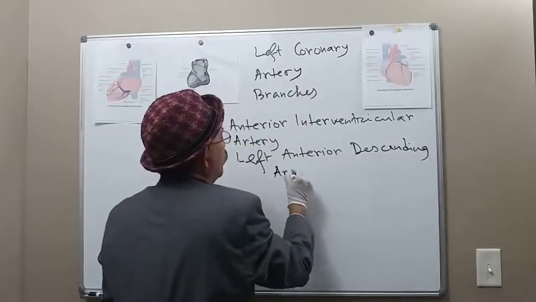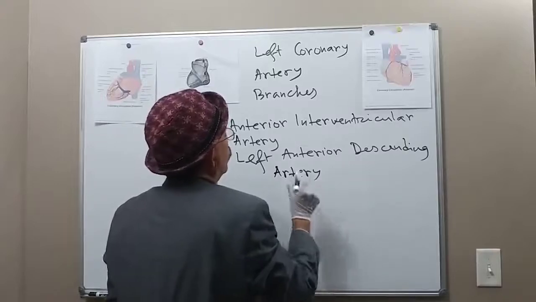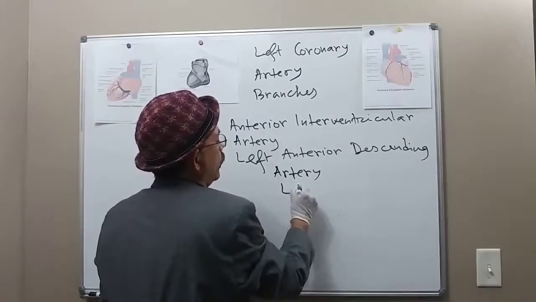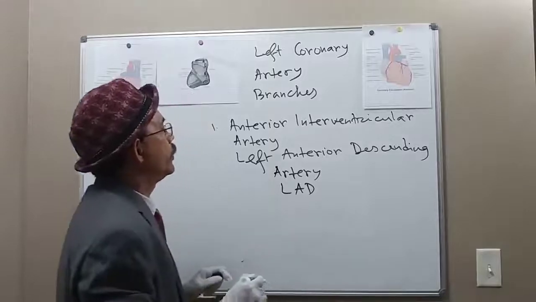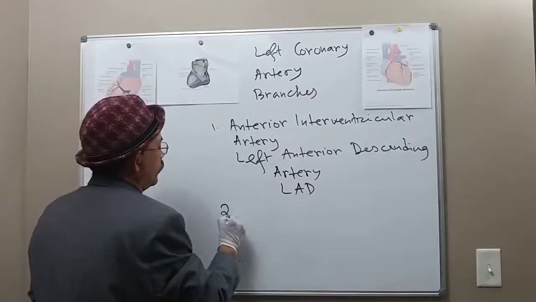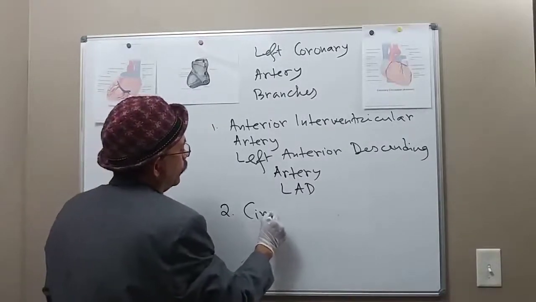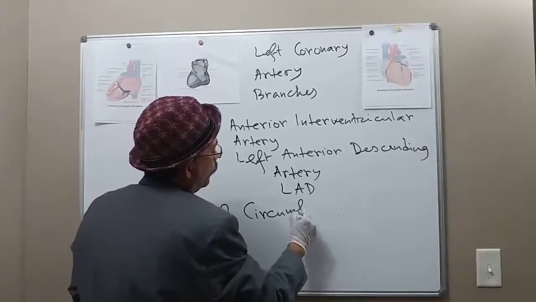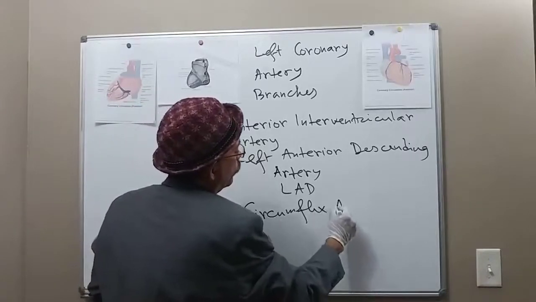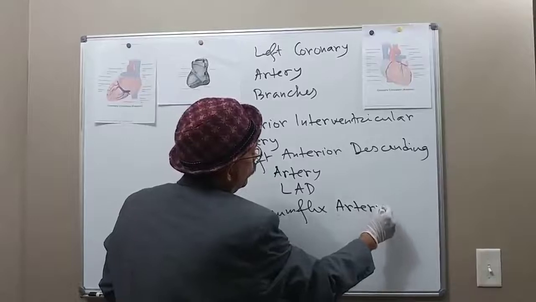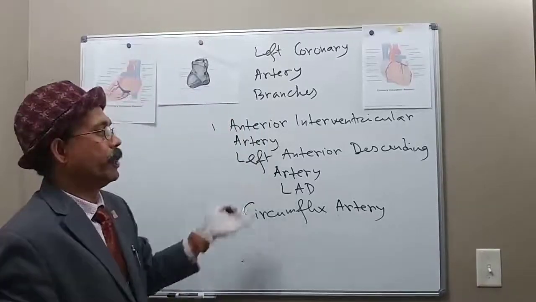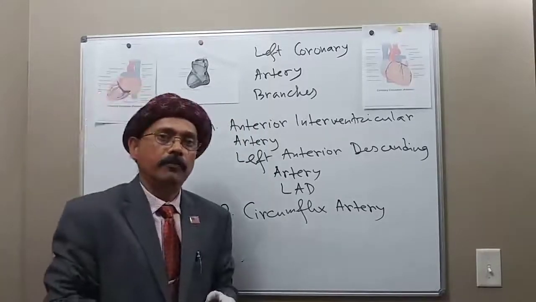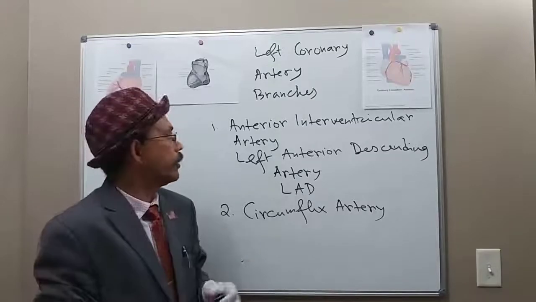It is always called LAD, left anterior descending artery. Another branch is the circumflex artery. These are two major branches of the left coronary artery.